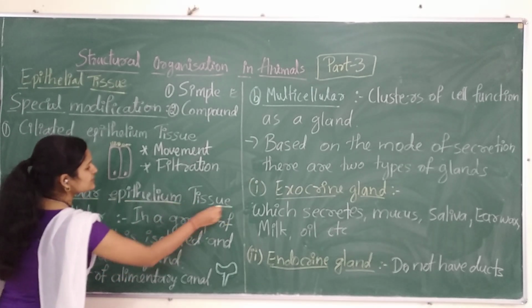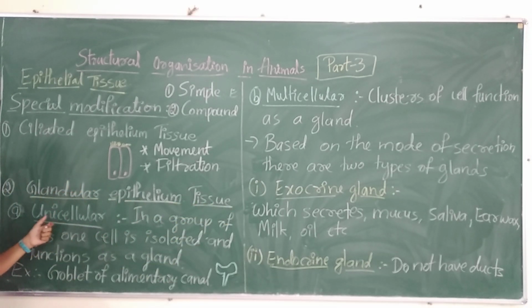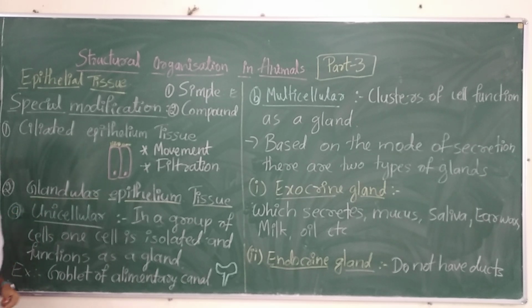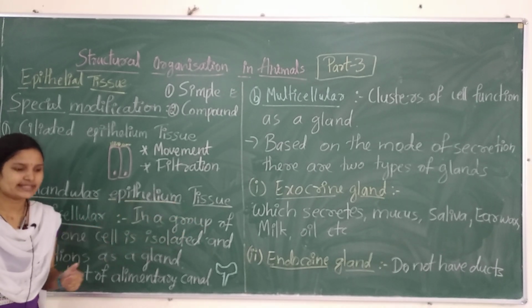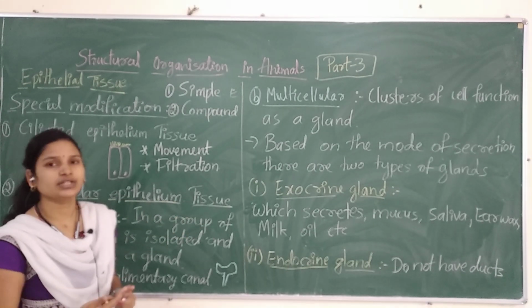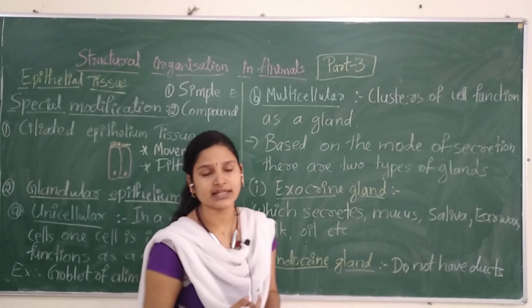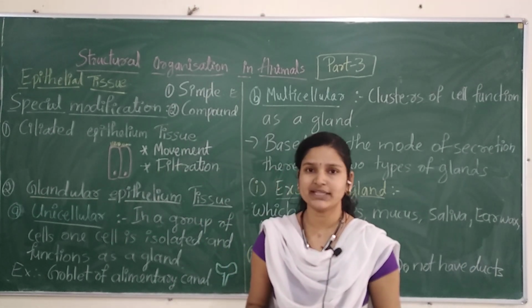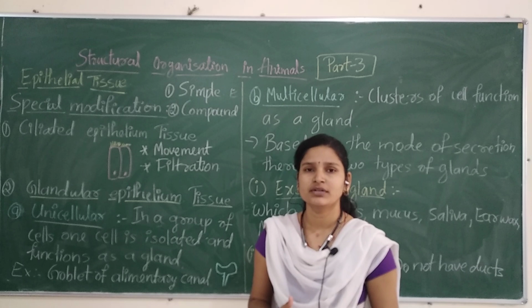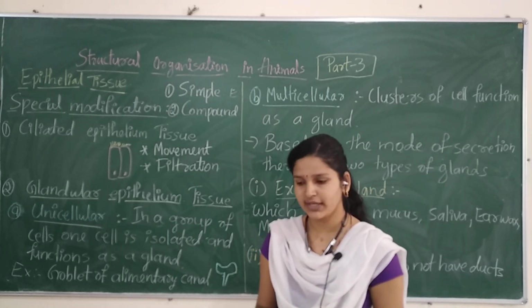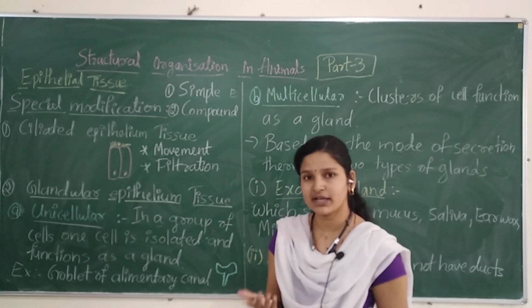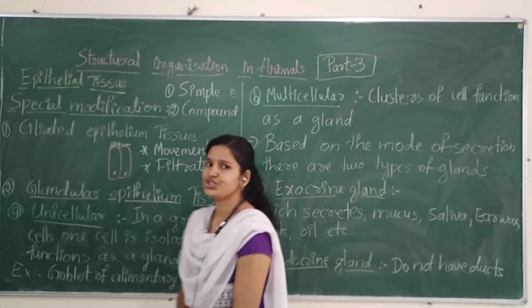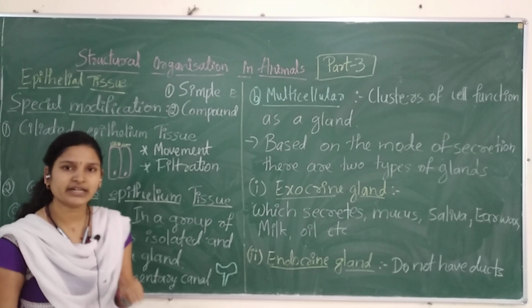The next special modification which we can see in the epithelial tissue is the glandular epithelial tissue. These are nothing but modifications of epithelial tissue to perform a certain kind of function. The normal epithelial cell itself will modify and become a special epithelial tissue to perform a particular function.